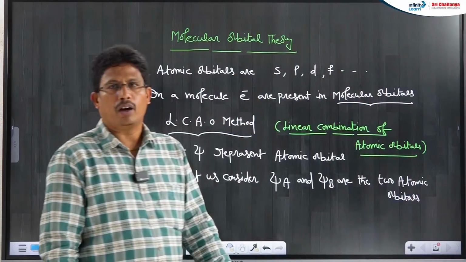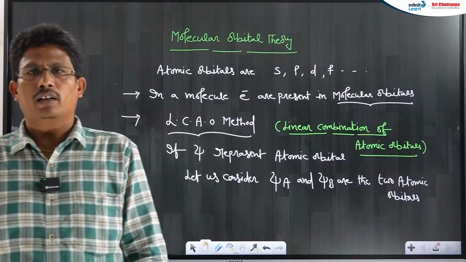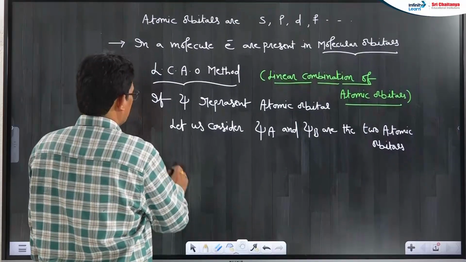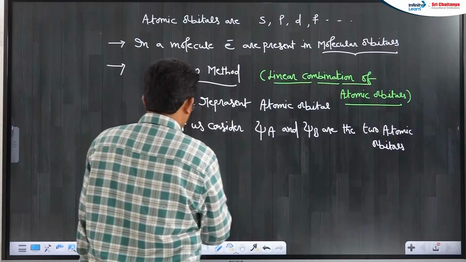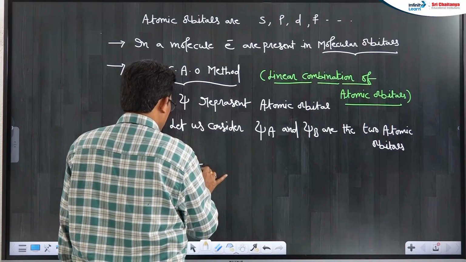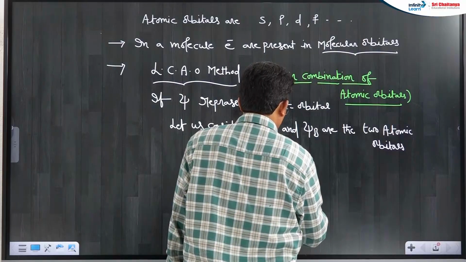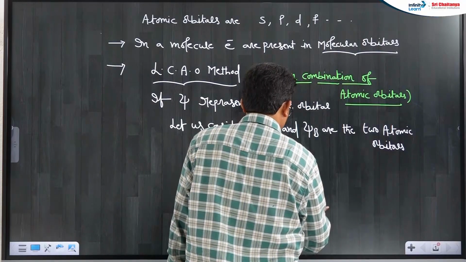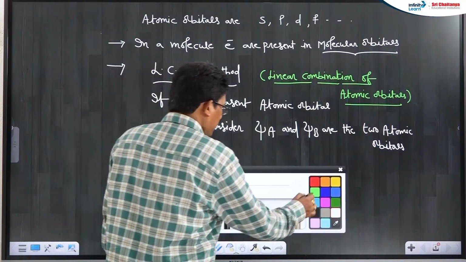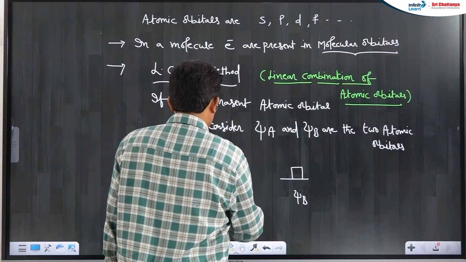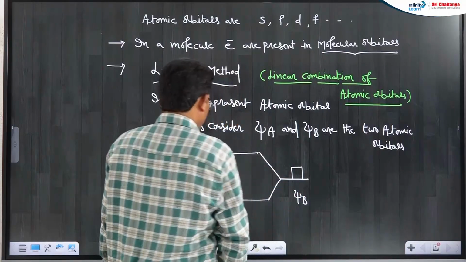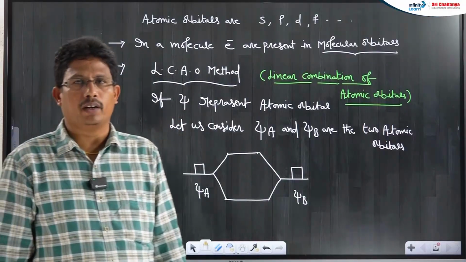When these two atomic orbitals combine linearly, they give two molecular orbitals. Here, one is an atomic orbital of one atom, the other is an atomic orbital of another atom. When these orbitals combine linearly, they form two molecular orbitals.